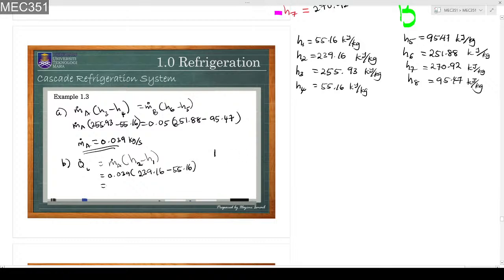Okay, so the unit here, kilogram per second times the enthalpy, kilojoule per kilogram, so you will get kilojoule per second. It's also equivalent to kilowatt. And we will get 7.176. The unit is kilowatt.